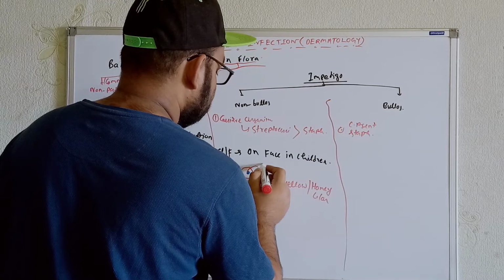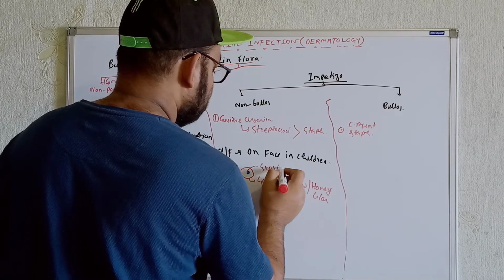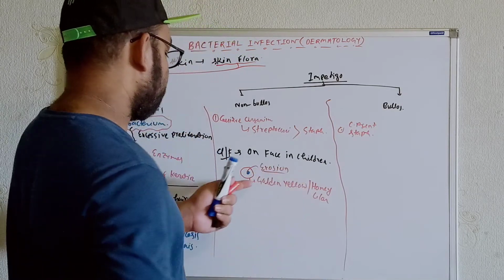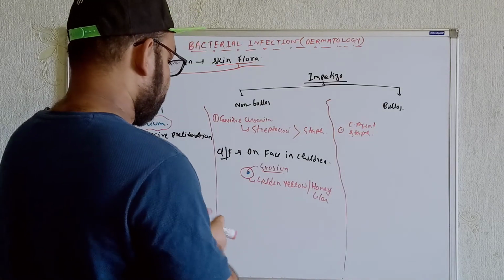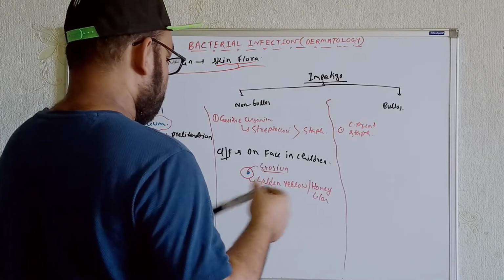See, it's the erosions within the skin. We'll get the erosions first, and around the erosions we'll get what, the golden yellow, the honey color shape over here. This is how the figure will look.